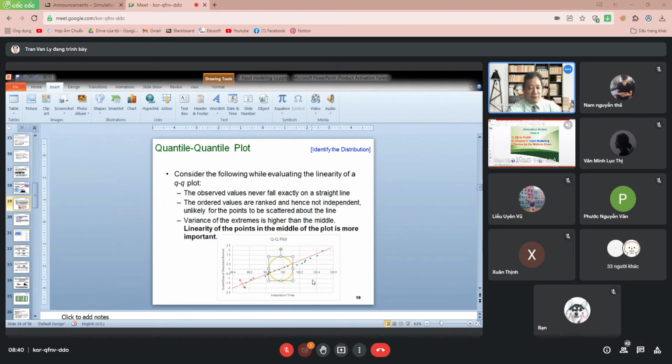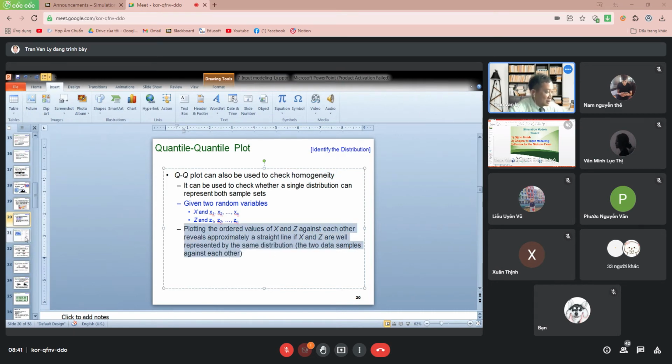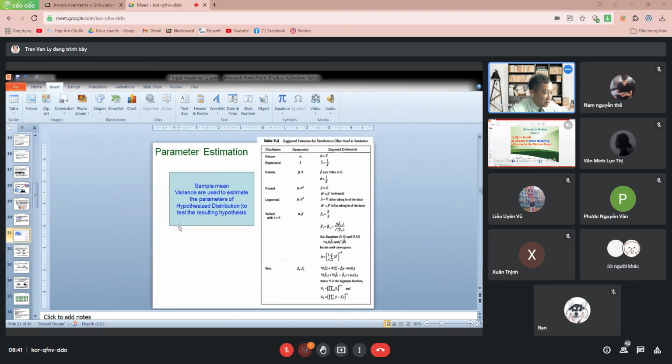From this point to this point, it looks linear. It's fixed. So Q-Q, you can check with this one, and we plot it again. So we go through this one.